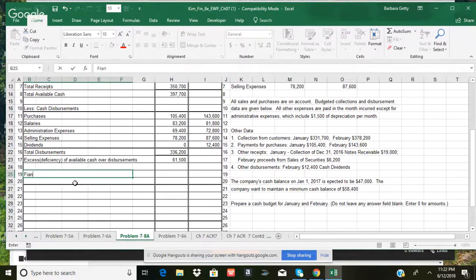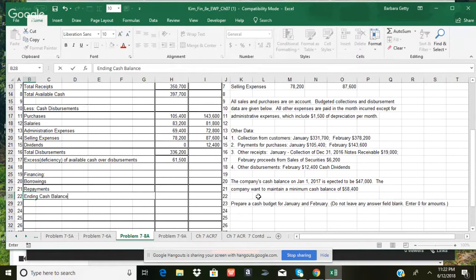So F, financing, will go in here, and under financing, which I should put a colon so you know that that's a category, we do borrowings or we do repayments. And then we will come with our ending cash balance.